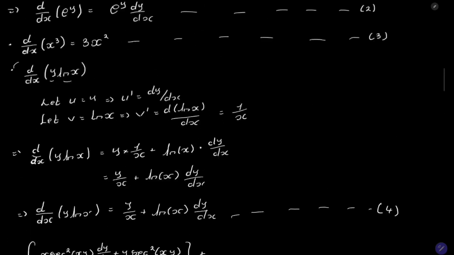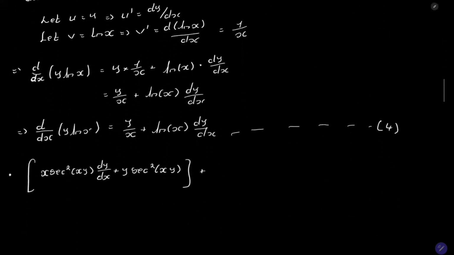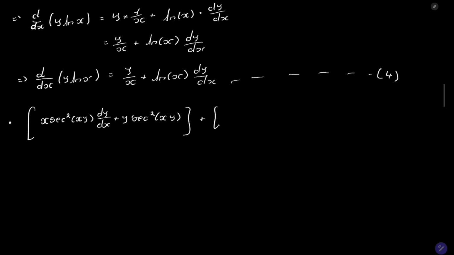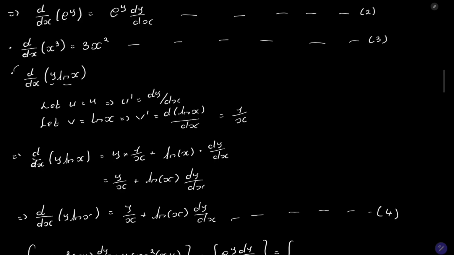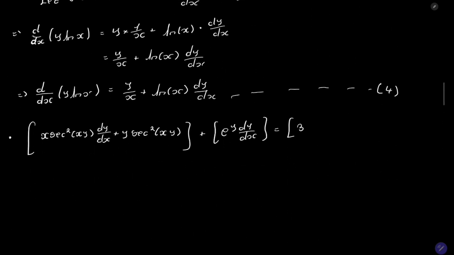That's our first term, plus our second term being e to the power y dy on dx, equals our third term being 3x squared, plus our fourth term y on x plus ln x dy on dx.